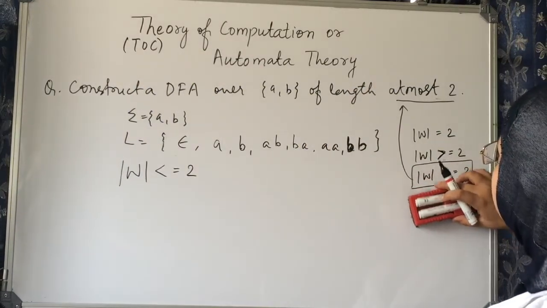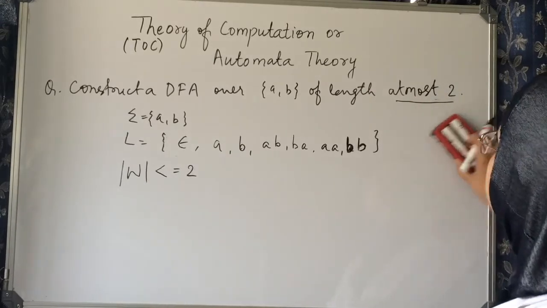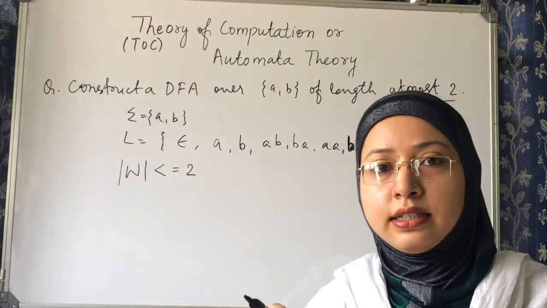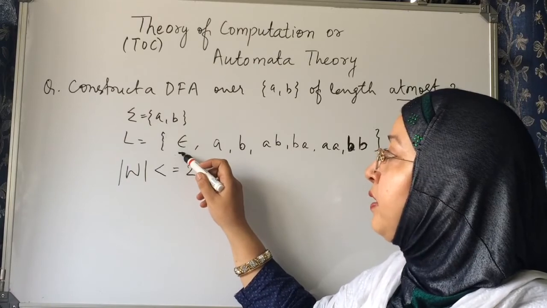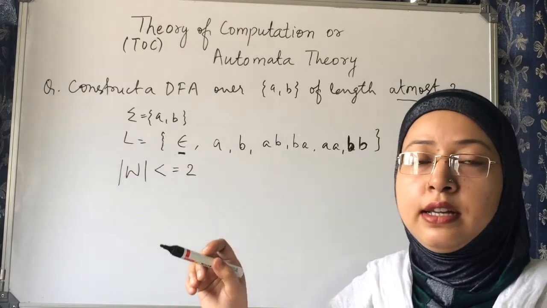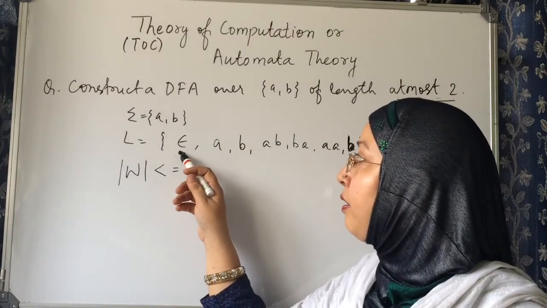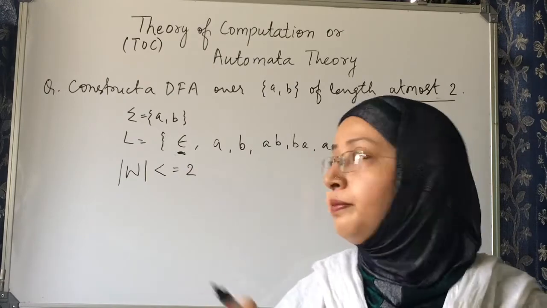So I am erasing here now. Less than or equal to 2 means it can accept nothing also. This is denoted by epsilon. Epsilon means null, nothing, null string. No string, then also it reaches the final state.